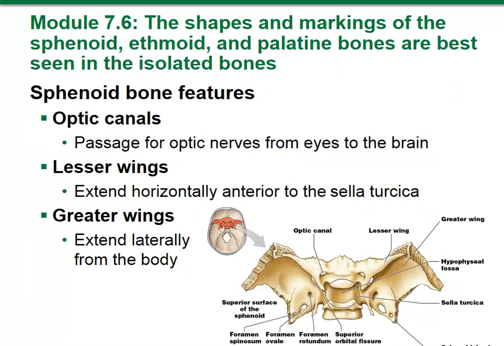I'm also going to kind of go through some of this part quickly. If we look at the sphenoid bone, this is the one that you'll see if you take the top of the skull off. And I think in laboratory you were having to do a little bit of coloring on these pictures.